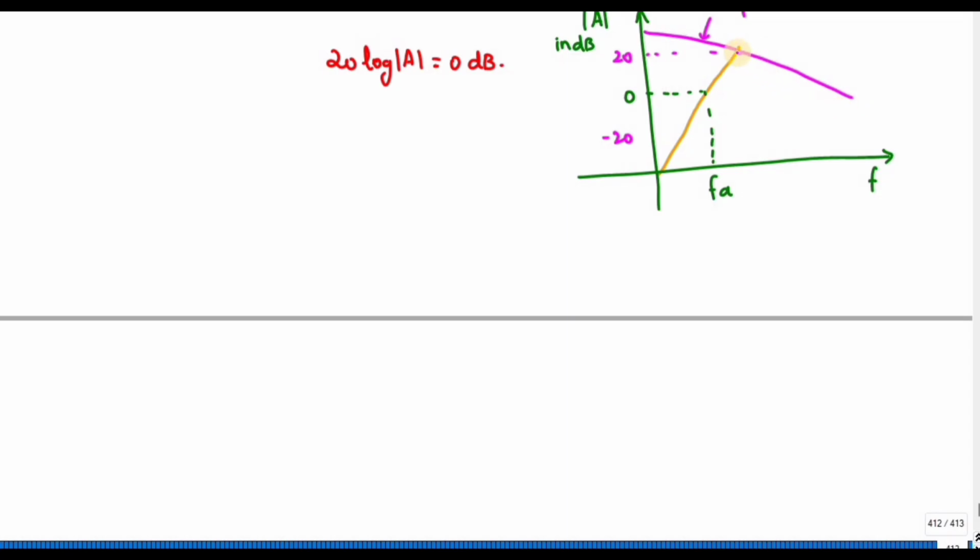It will not increase further. So that is a limitation of the basic differentiator. Limitations or drawbacks of the basic differentiator.